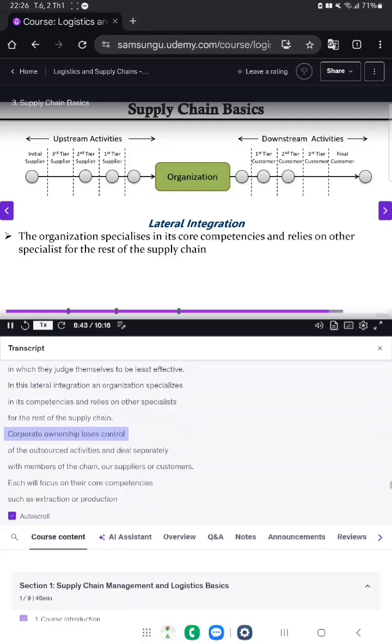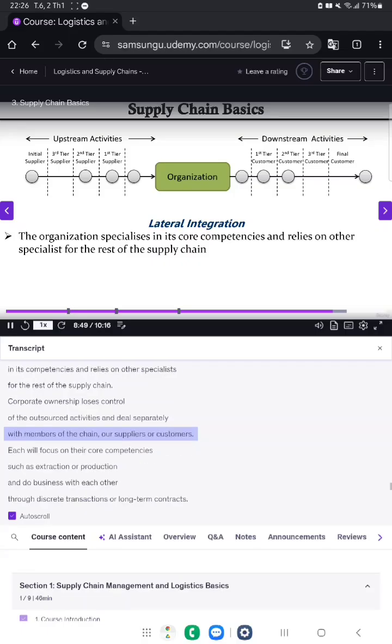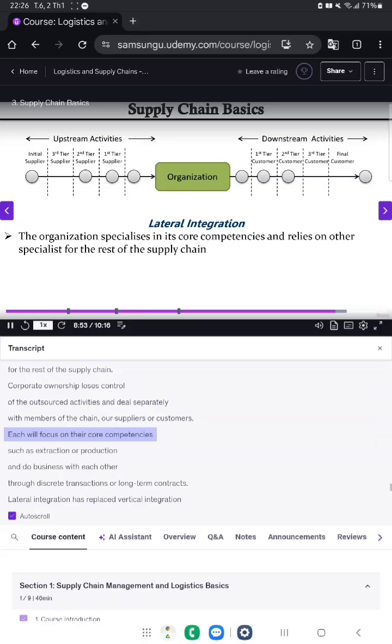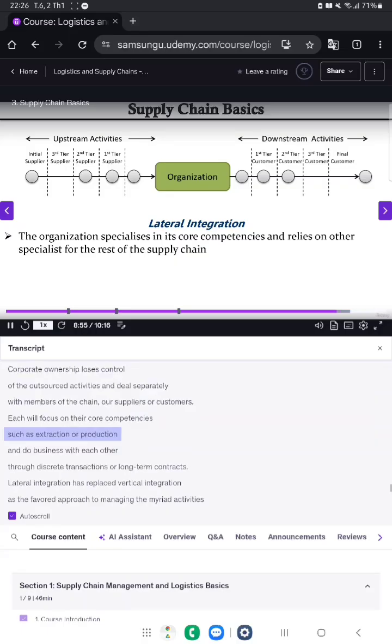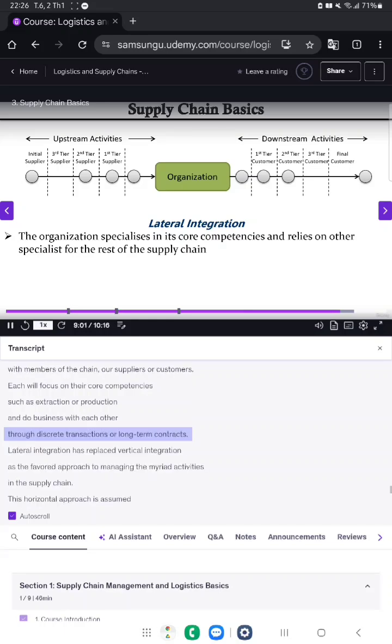Corporate ownership loses control of the outsourced activities and deals separately with members of the chain as suppliers or customers. Each will focus on their core competences such as extraction or production and do business with each other through discrete transactions or long-term contracts.